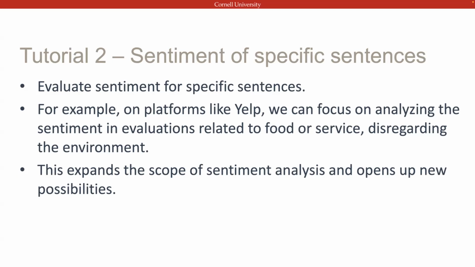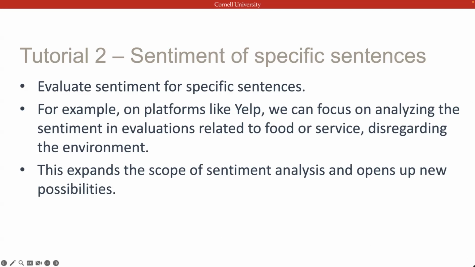In this tutorial, I will walk you through the code that allows us to measure the sentiment of reviews related to food and service or even environment. We will learn how to analyze sentiment for specific aspects or categories within a text. It's like having a laser pointer to zoom in on the areas that truly matter to your research.